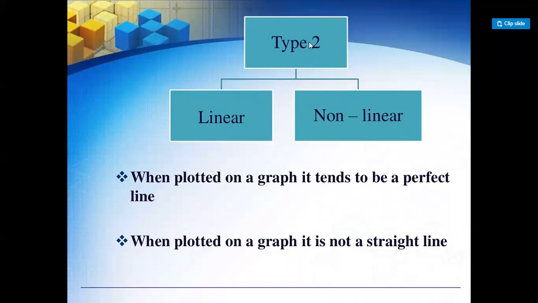Then we can discuss non-linear. Non-linear means a curving line is also there. So in non-linear or curvilinear correlation, the amount of change in one variable does not bear a constant ratio to the amount of change in the other related variable.